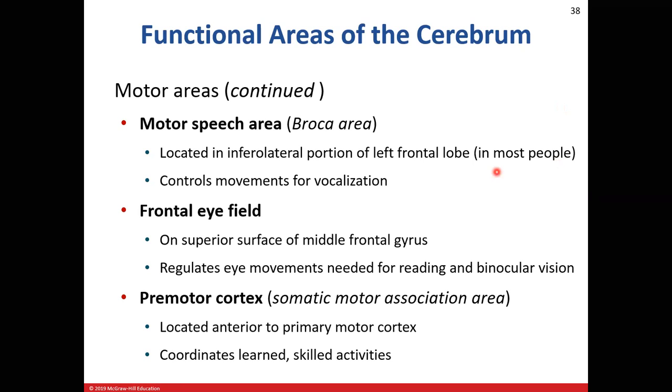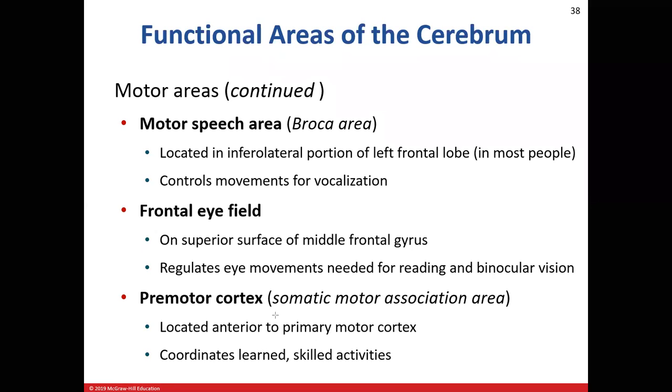It regulates eye movements needed for reading and binocular vision. And then our last functional area is the premotor cortex, or what we also know as the somatic motor association area. It's located anterior to the primary motor cortex, and it controls coordinated learned and skilled activities.